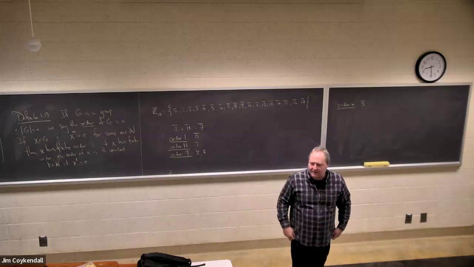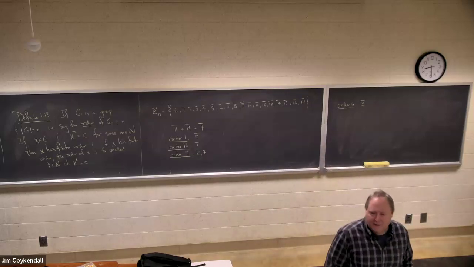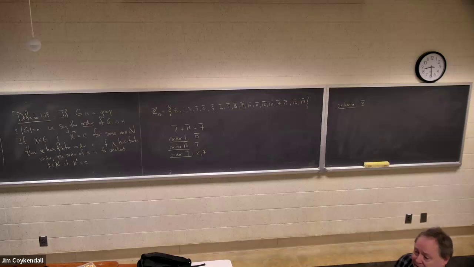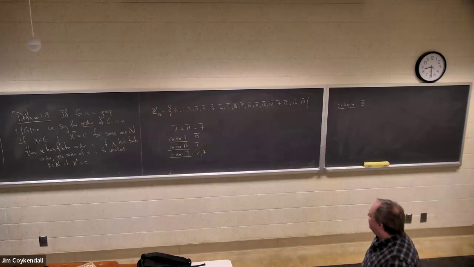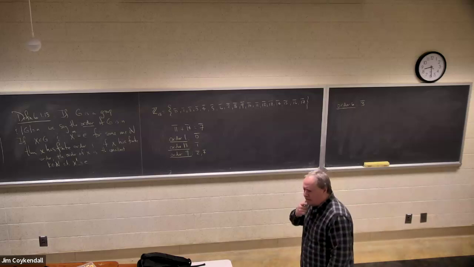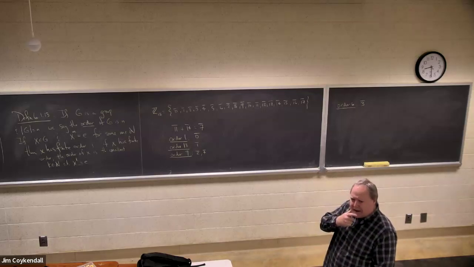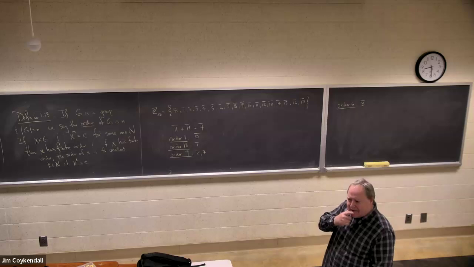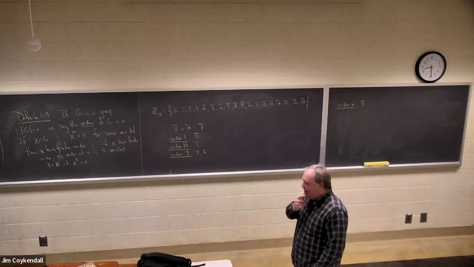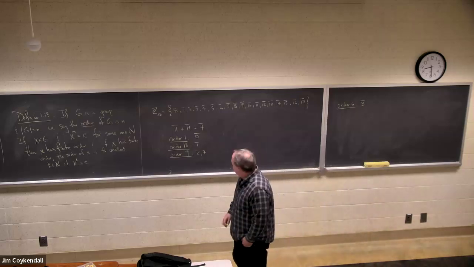Does 4 divide 18? No, it doesn't. It does divide 36. So you have to add 4 to itself 9 times to get 36. What's the order of 5? It's 18. You seem like you picked up on that pretty quickly.